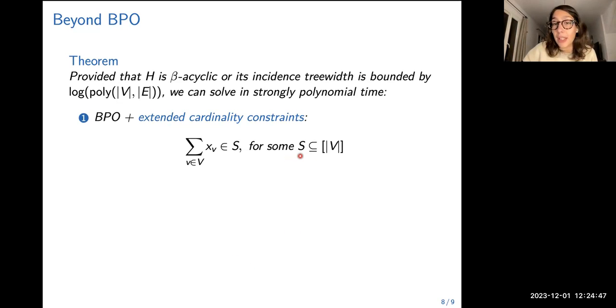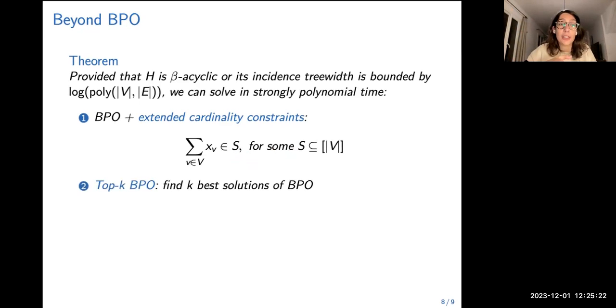It works out for any subset S of the cardinality of B. Very easily, you can see that you can encode the normal cardinality constraints, because you can add a lower bound and an upper bound on the sum. But you can also encode modulo constraints. For example, you might want to ask that the sum of all the variables is even or odd. You can do it by specifying S correctly, but also, of course, any modulo constraints that you might want, etc.